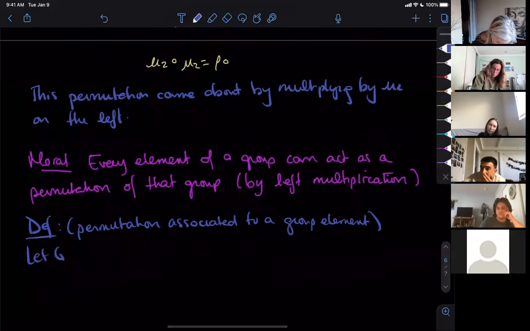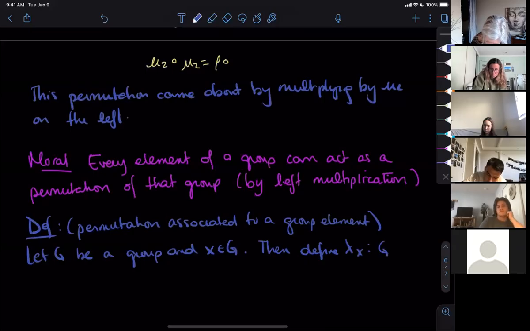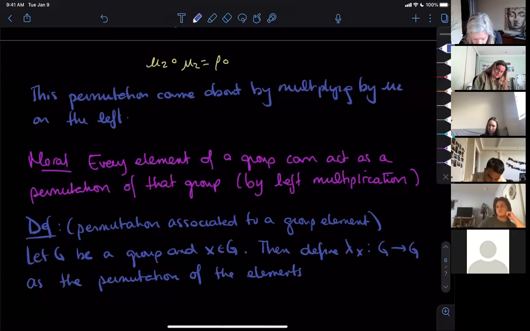Let G be a group, and x in G. Then we define lambda sub x as a map from the group to itself, as the permutation of the elements of G given by the x row of the table.